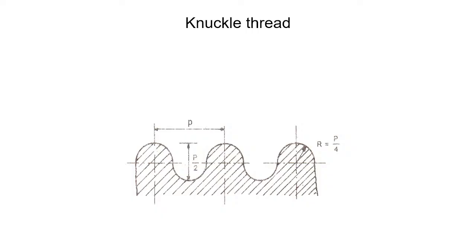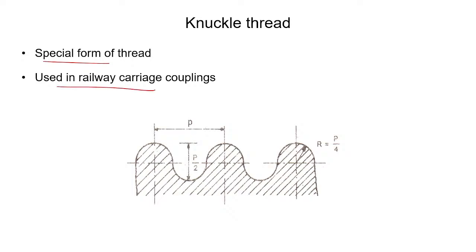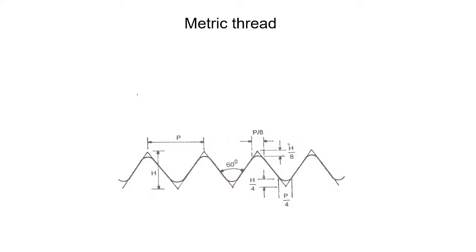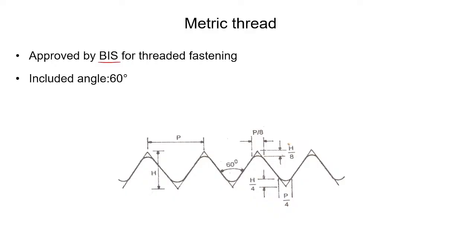Next is the knuckle thread. It is a special form of thread and is used in railway carriage couplings. Next is the metric thread. Metric thread is approved by BIS, the Bureau of Indian Standards, for threaded fastening. The angle included between the flanks is 60 degrees, and it is used for general applications.